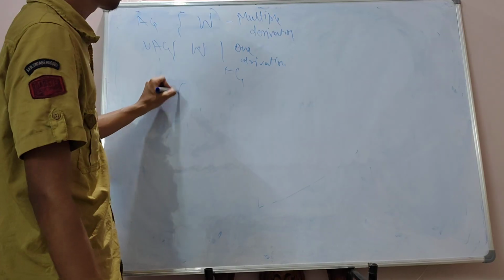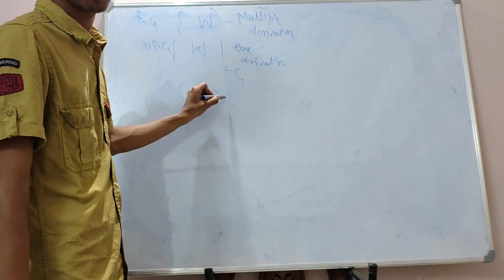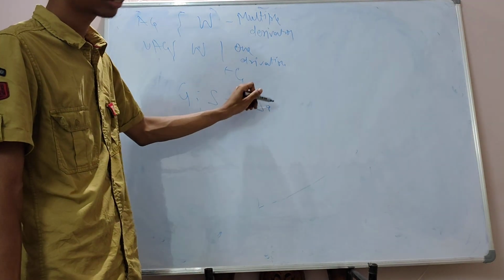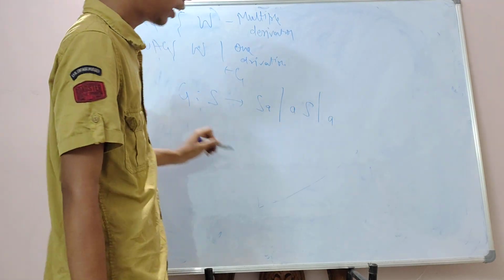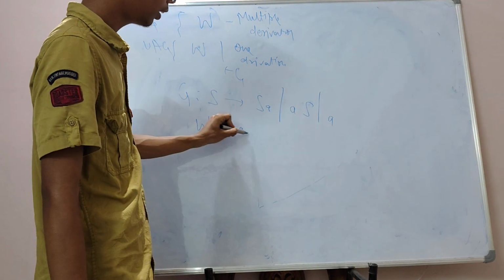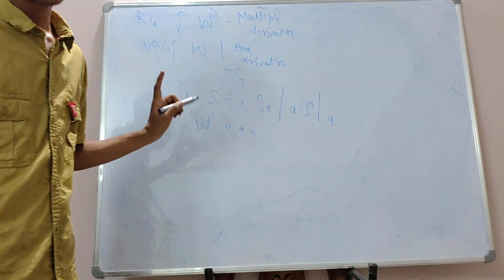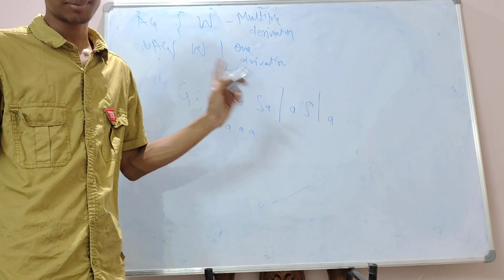Now suppose I have a grammar S goes to SA, SA, and I have a word, let's say A. Now I will see whether this word belongs to that grammar or not.